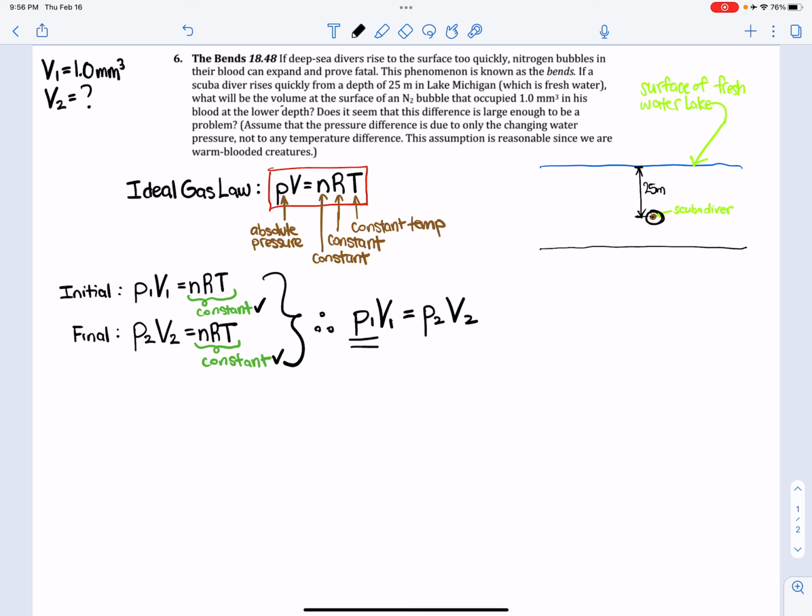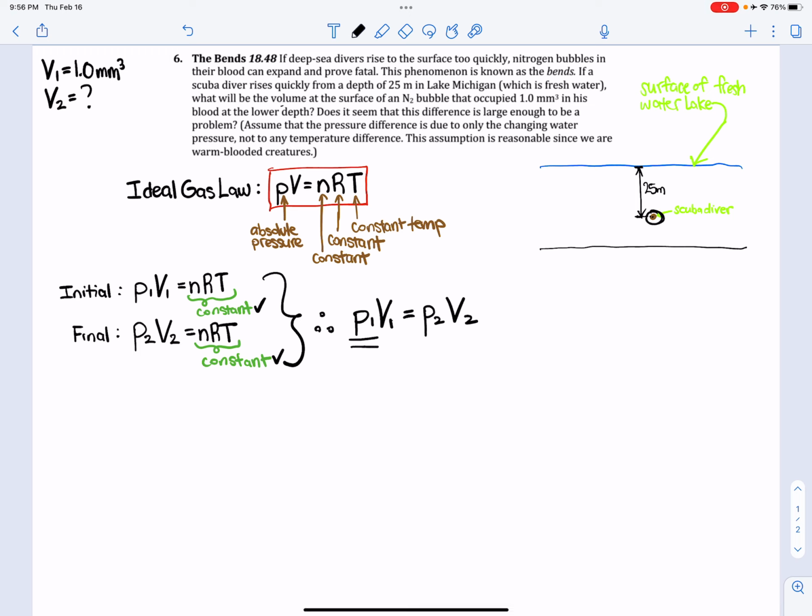So this is the formula for the hydrostatic pressure at a certain depth H. This is just however far underneath the surface of the fluid you are at, which in this case is fresh water.